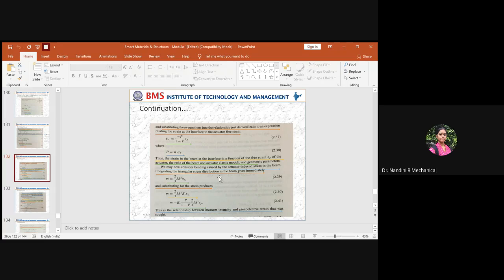You have the stress generated at the PZT patch, the stress generated across the beam, and along with that, the stress generated across the interface of the actuator and the structure. So the combination of these three triangular distributions is given by this equation.